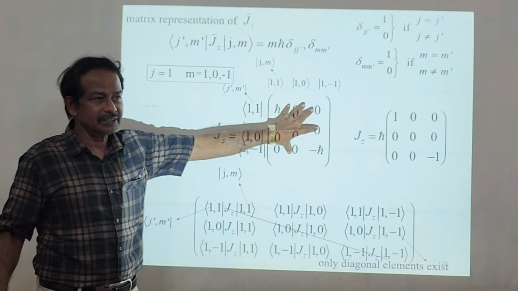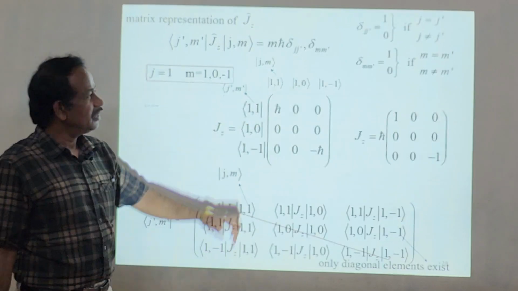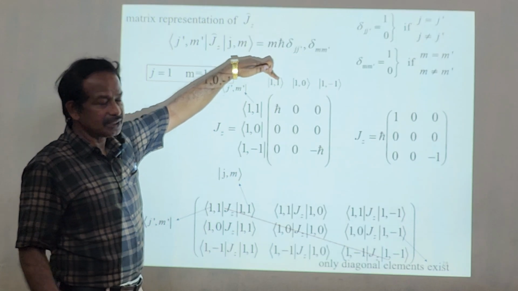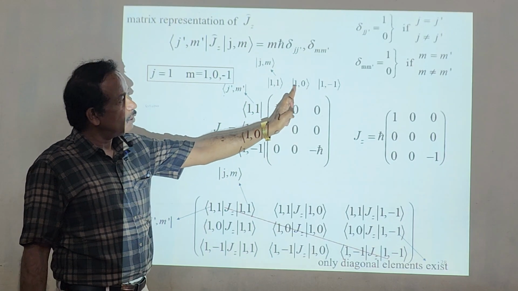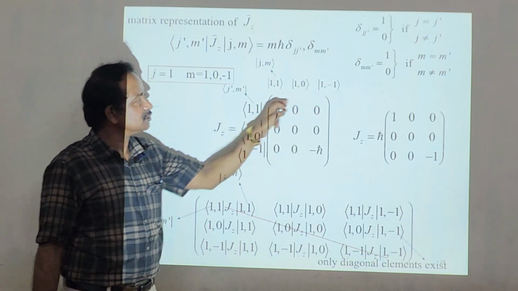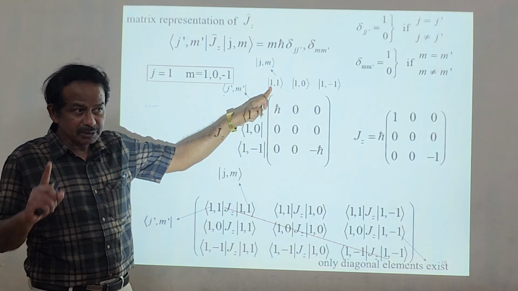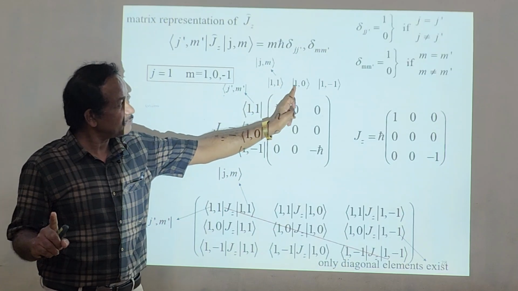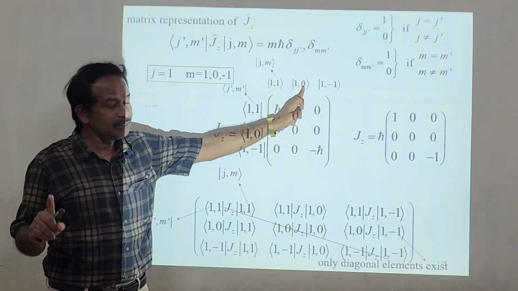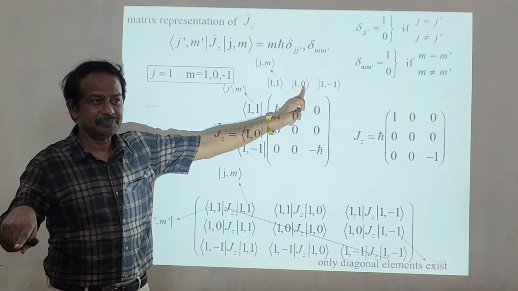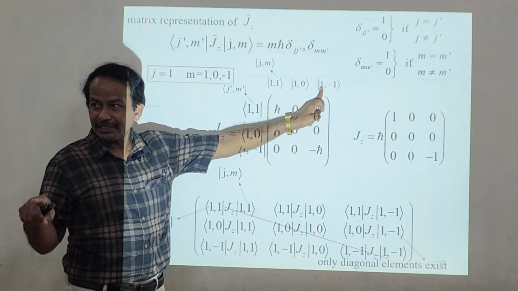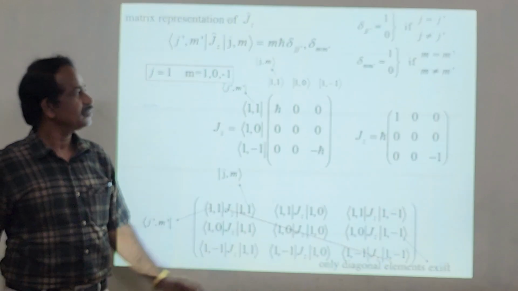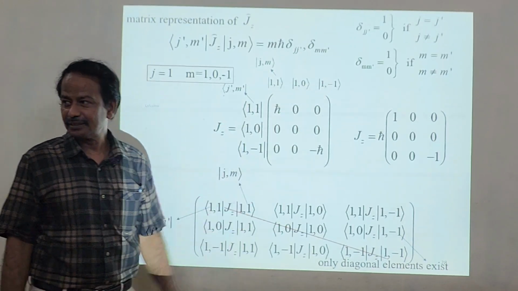You have j comma m represented as 1 comma 1, 1 comma 0, 1 comma minus 1. The first one represents j, the second represents the first value of m; then j again, and the second value of m; then j, and the third value of m. So you have 1, 0, minus 1.